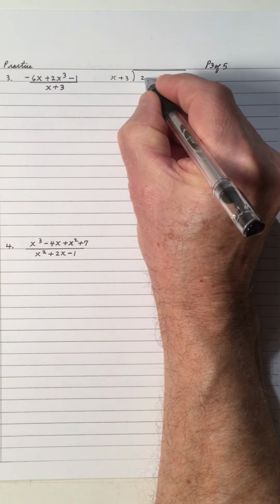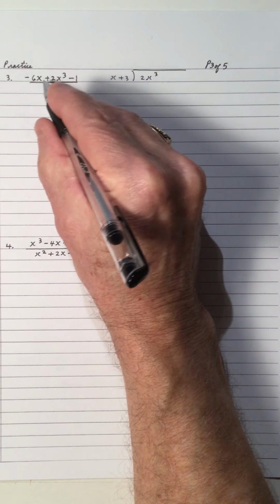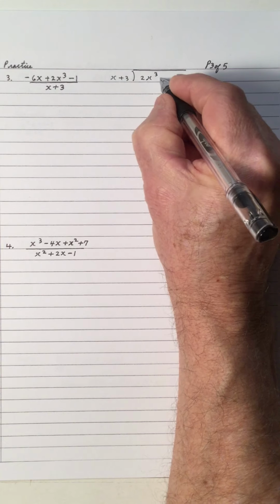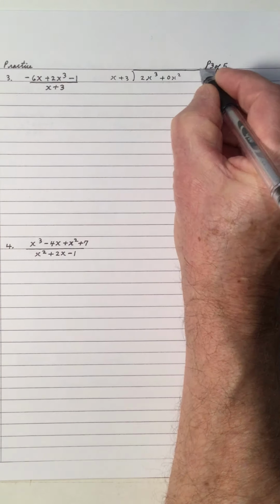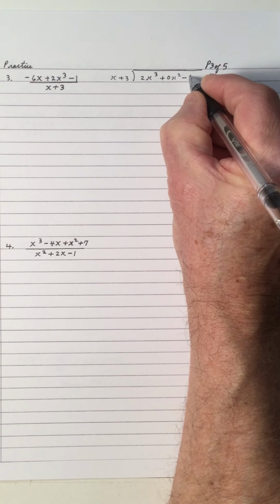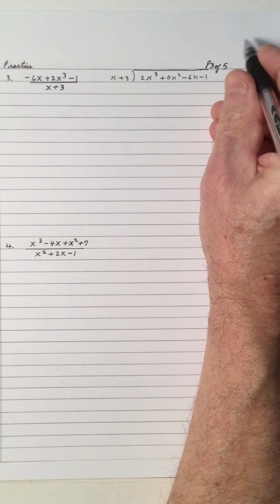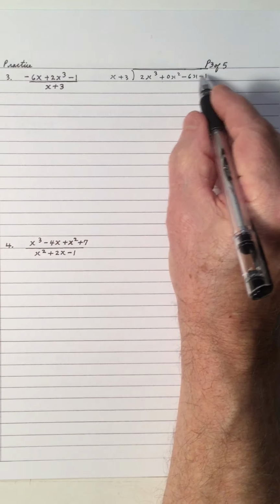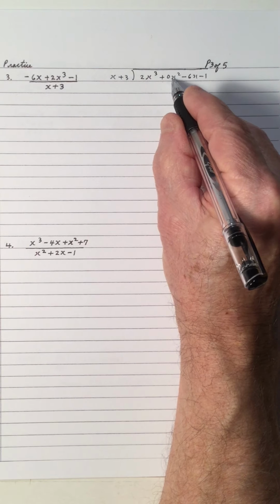So we have to put the highest exponent first. Notice there's no x squared, so I put a 0x squared in to keep it in the same order. Then I go with a minus 6x and a minus 1. So I put it in descending order and put the 0 in for the missing term.